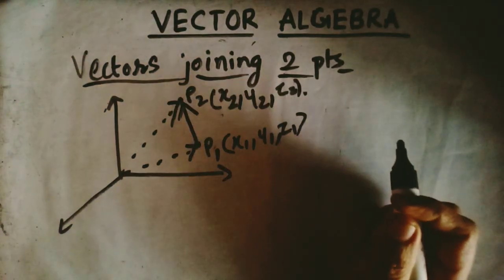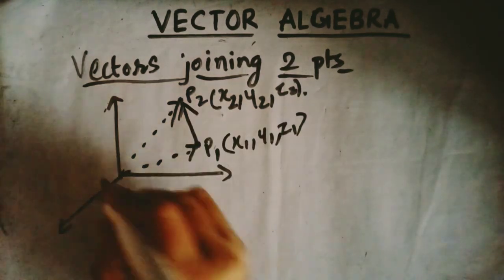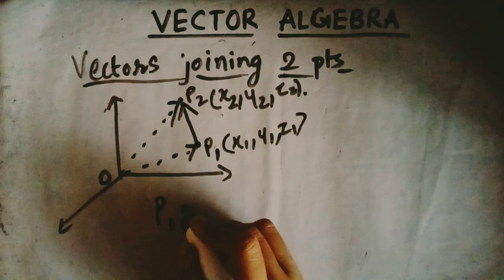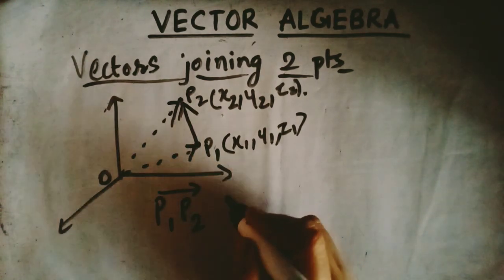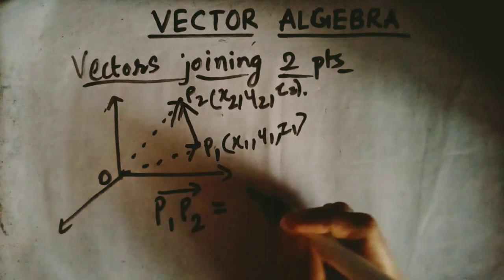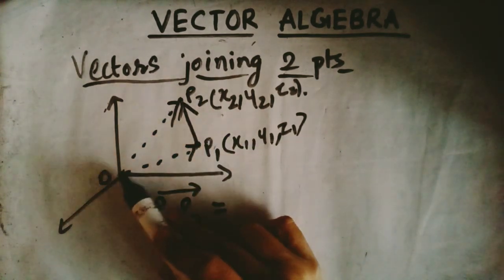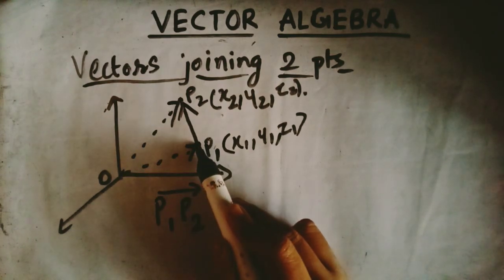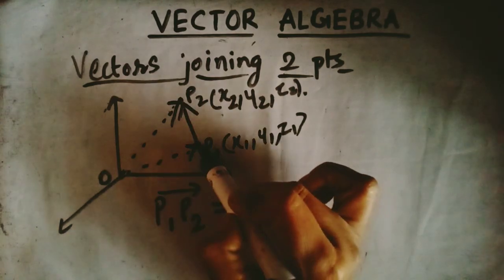Then the vector joining 2 points, that is the vector P1P2, is given by OP2 minus OP1, since the direction is from P1 to P2.